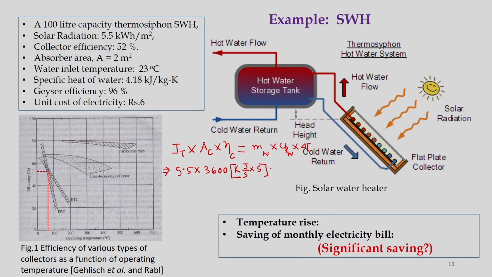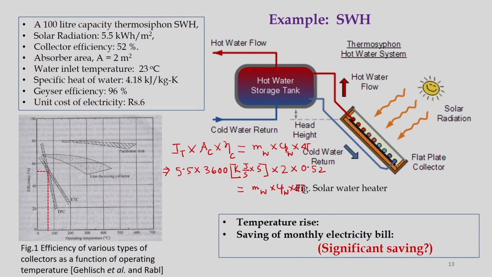So, this is something like that, and then we have AC, absorber area, is 2, then we have collector efficiency 0.52. And this is equal to MW. Now, we need to calculate what is MW, then CPW, and delta T, right.